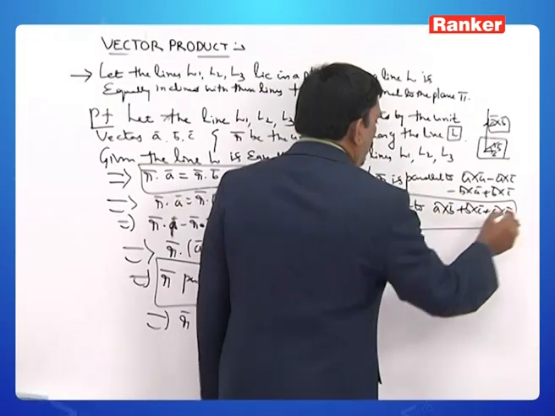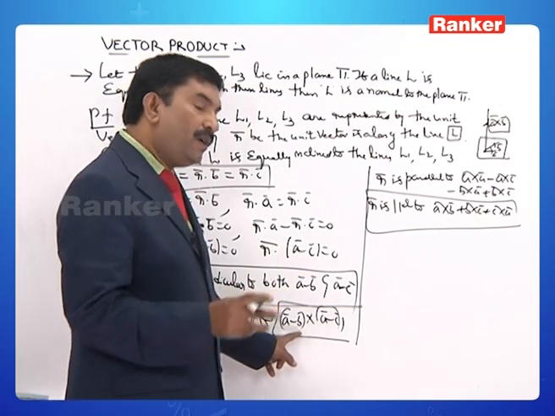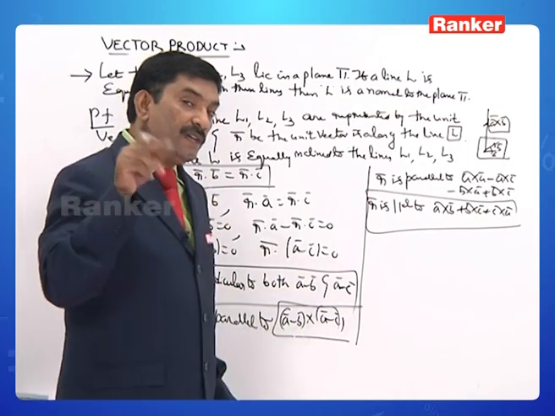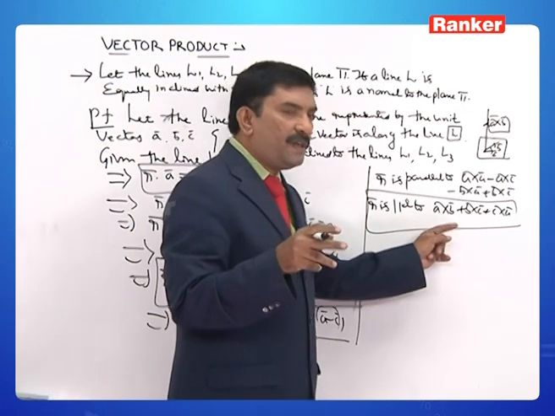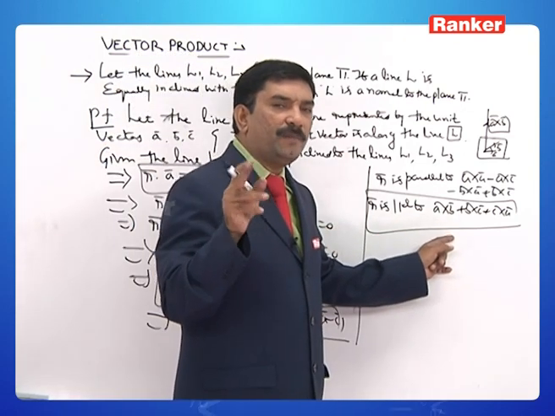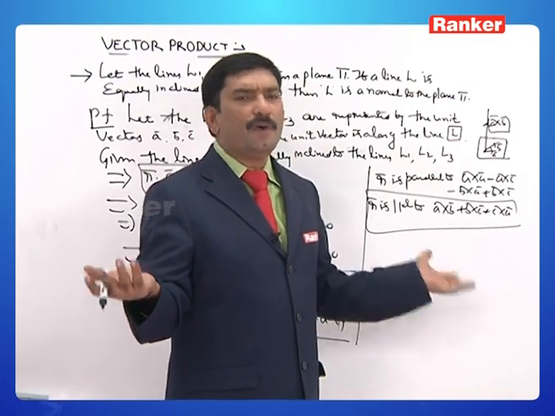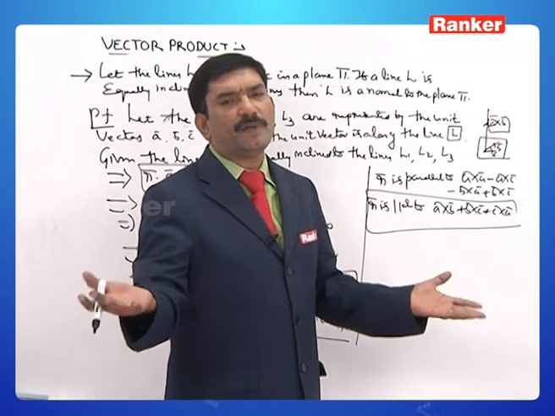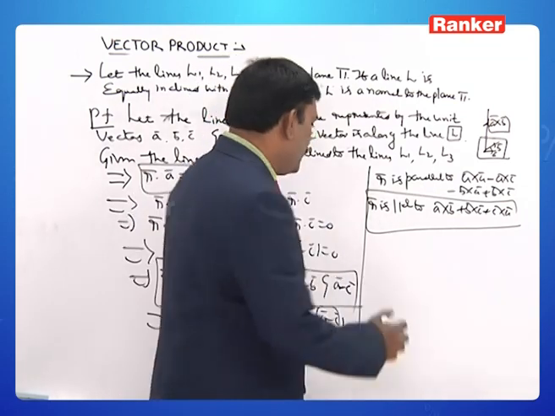So now this is nothing but a normal to the plane containing a bar, b bar, c bar. Followed? This is also a normal to the plane containing a bar, b bar, c bar. Therefore, r bar is parallel to what? The normal. Therefore, r bar is also normal to the plane of a bar, b bar, c bar.